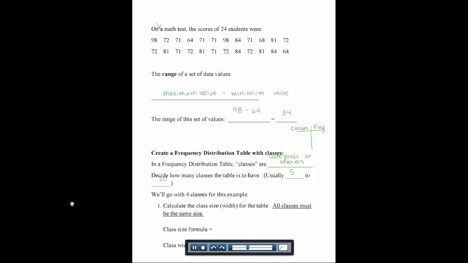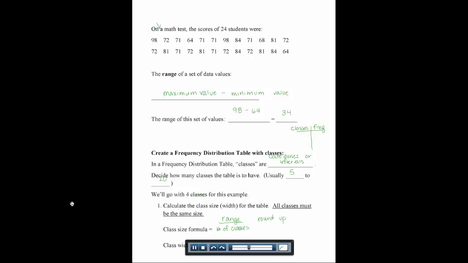So first we need to come up with how wide each of our intervals is going to be. This is called the class size or the class width. Because all of our classes need to be the same size, to do this we take the range, divide it by the number of classes we want, and then round up to the next whole number.